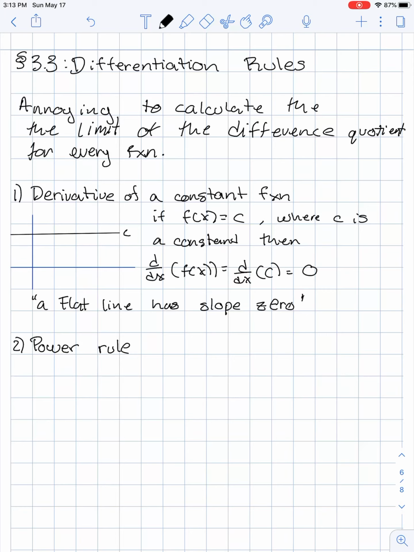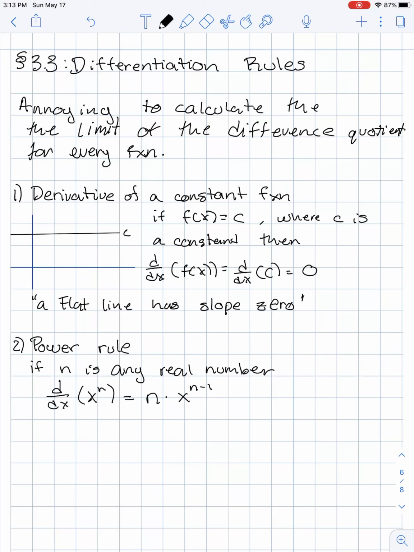So the power rule says if n is any real number, the derivative with respect to x of x to the n is going to equal n times x to the n minus 1.